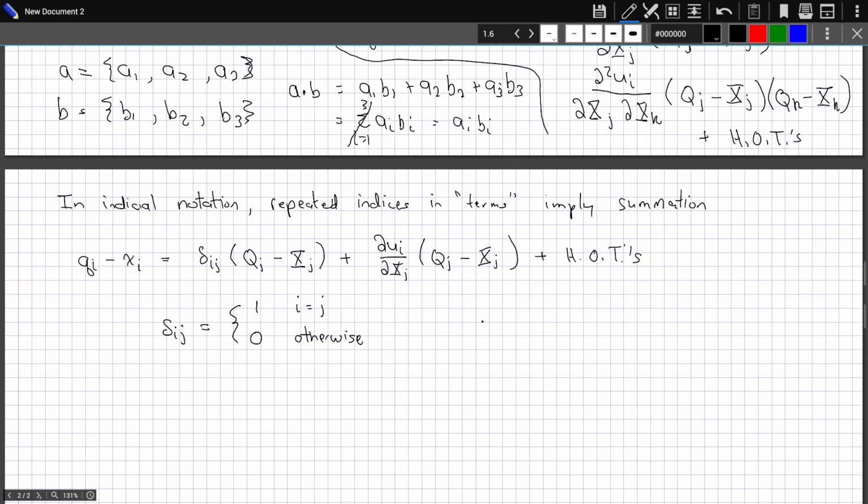So, for example, I could write Ai is equal to the sum over j, but this thing is 1 only when i equals j, so therefore this equals Ai. Right? It kind of works like an identity matrix. That's what it does. And we'll see that again when we write out all the terms. You'll see how it appears as just ones on the diagonal.